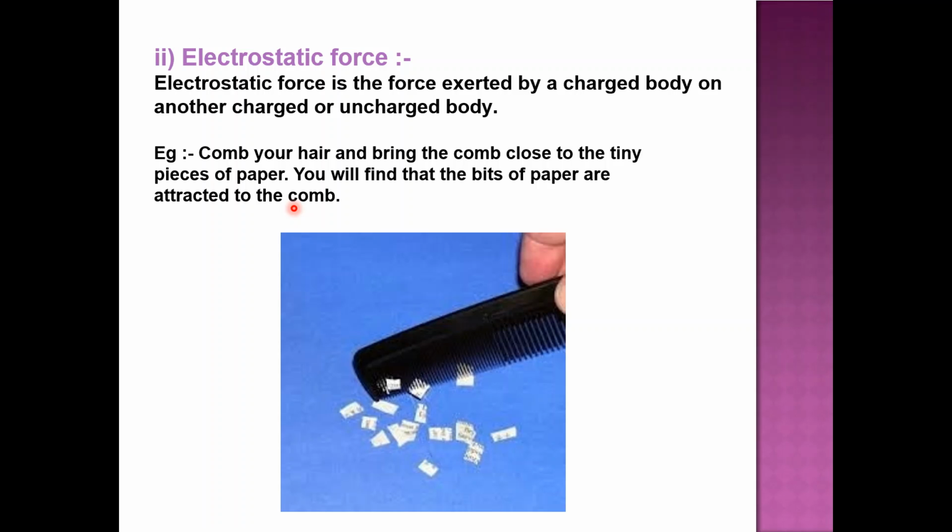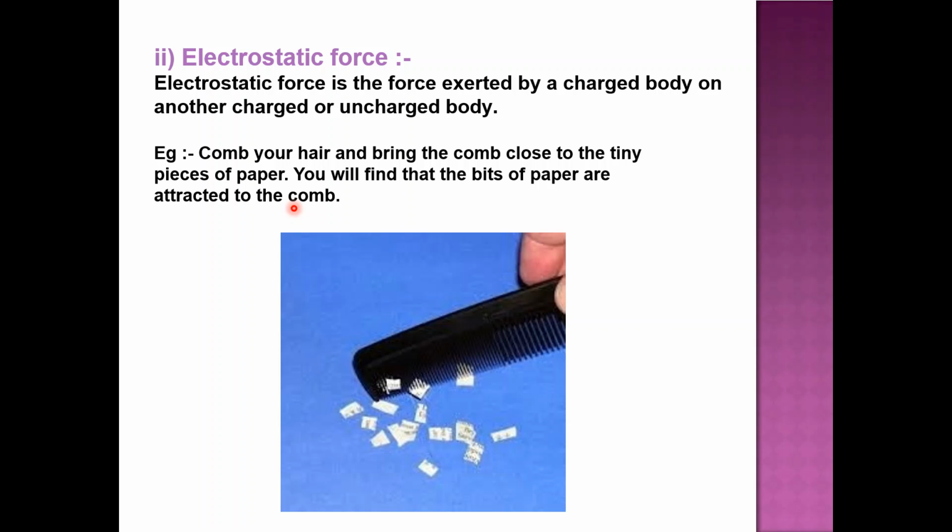And the same is the case with the comb. When the comb comes in contact with our hair, it gets rubbed against our hair and gets charged, and then starts attracting bits of paper. The force between the electric charges is called electrostatic force.